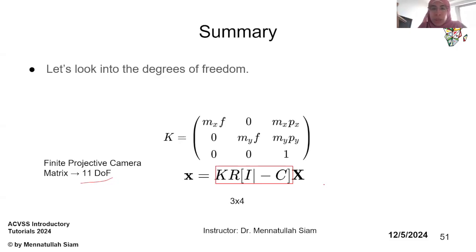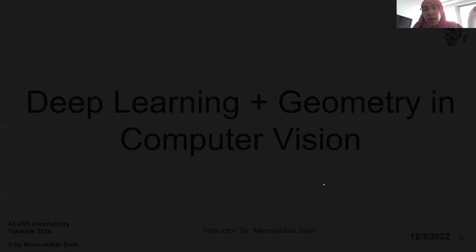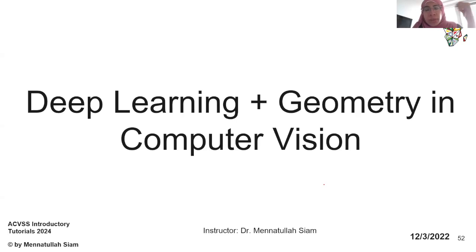We talked about translation, Euclidean, similarity, affine, homography, all the transformations in 2D and 3D, and how to go through the full pipeline of projecting from a 3D world point to a 2D pixel coordinate and how it actually happens in a camera in more detail. I'll just show you some of the things in deep learning that need this type of understanding of geometry in computer vision.